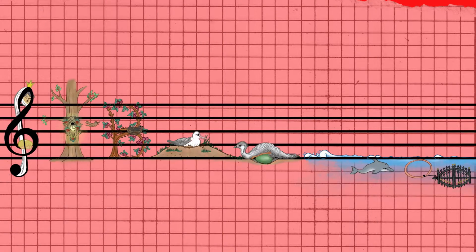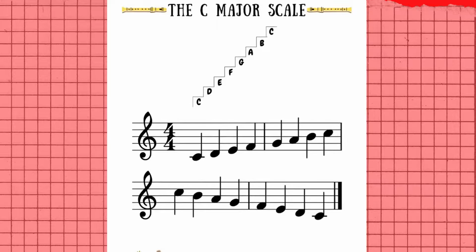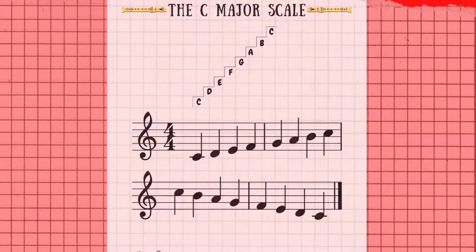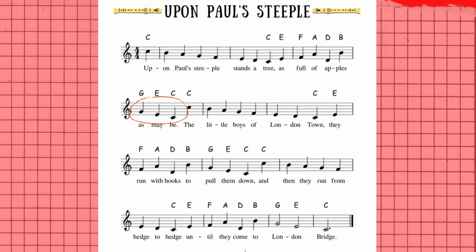Since you had just taught us how to play the C major scale on the recorder, I had also noticed that the song had steps, skips, and leaps in it, using the notes of the C major scale. At the beginning, the C major scale comes down in steps. Then it takes a skip from line to line.